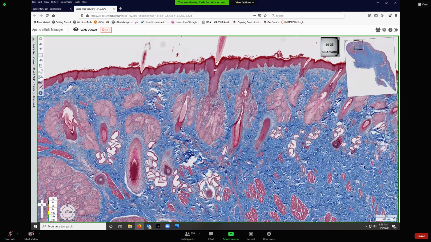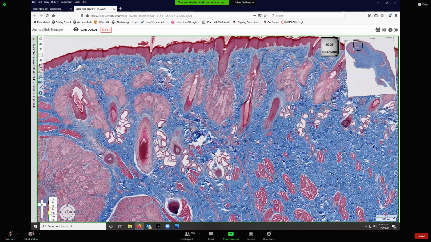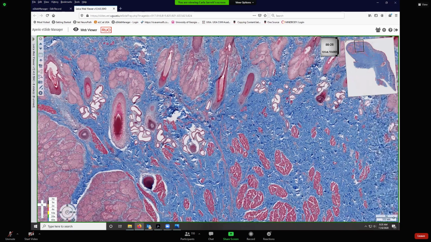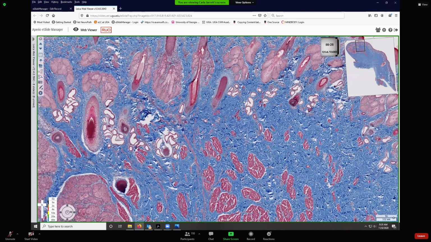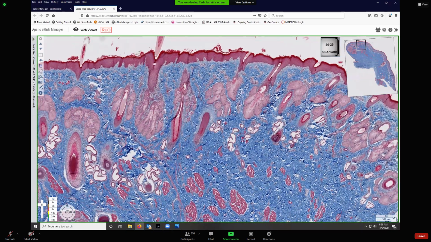So here's a hair bulb here, and you're going to get all kinds of different configurations of hair bulbs due to sectioning artifact. So here's a hair bulb, a little bit right here. This is a more classic hair bulb here. Here's a classic hair bulb. There's a bulb everywhere, hair bulb. Okay, we'll be zooming in on those in just a second.